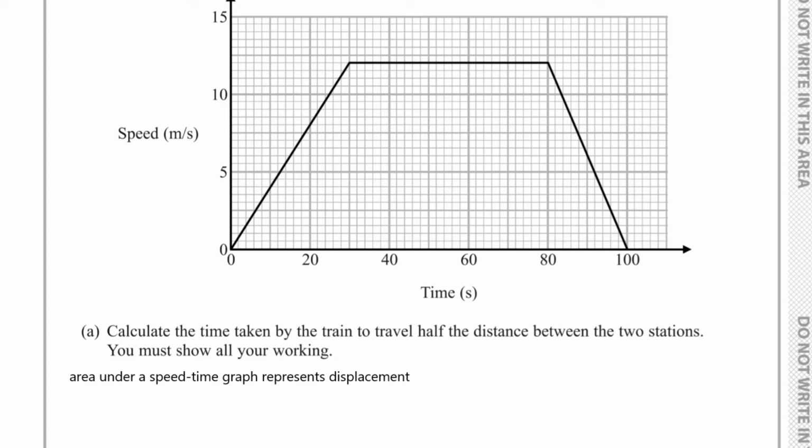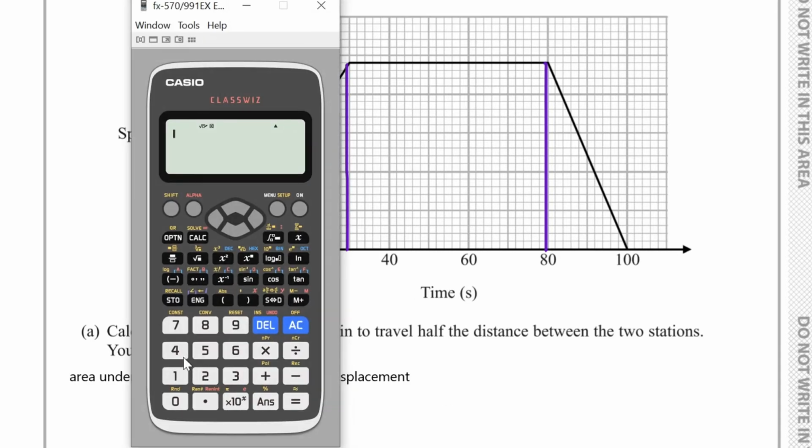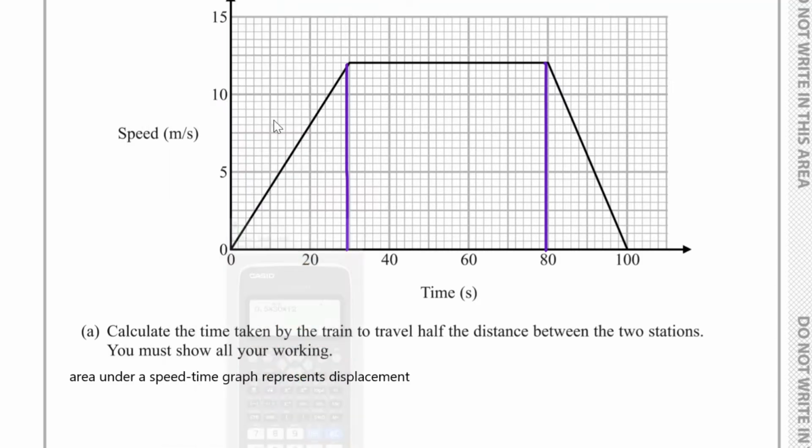So if we could split this up into 3 parts to make our lives a bit easier, so if we split it here and here as well, this triangle over here has a base of 30, a height of, by the looks of it, 12, so 0.5 times 30 times 12, turns out we get 180. So this bit over here represents 180.